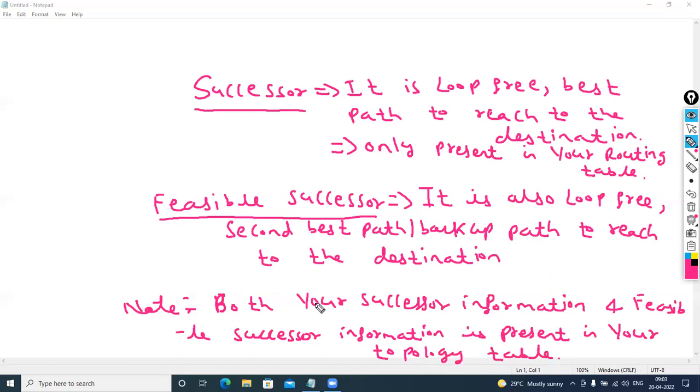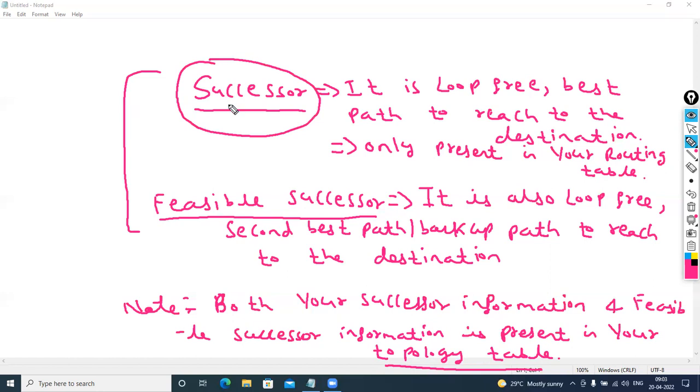So both you will find in the topology table, but in the routing table you will find only the successor, the best path to reach the destination. Once the successor goes down, your feasible successor will act as a backup path. And this is only there in EIGRP. We don't have any backup path concept in OSPF.